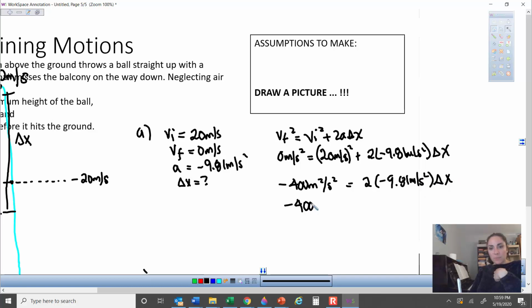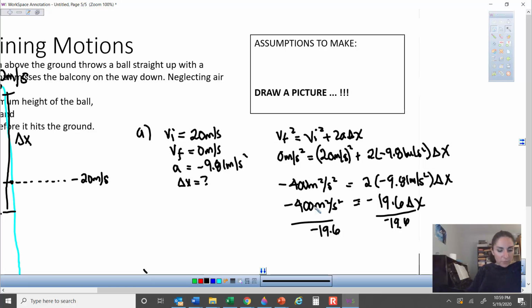Like I said, I memorized the fact that 2 times negative 9.81 is negative 19.6 because it comes up a lot. And then I'm going to divide both sides by negative 19.6 to get delta x by itself. When I do that, 400 divided by negative 19.6, my delta x is 20.4 meters.